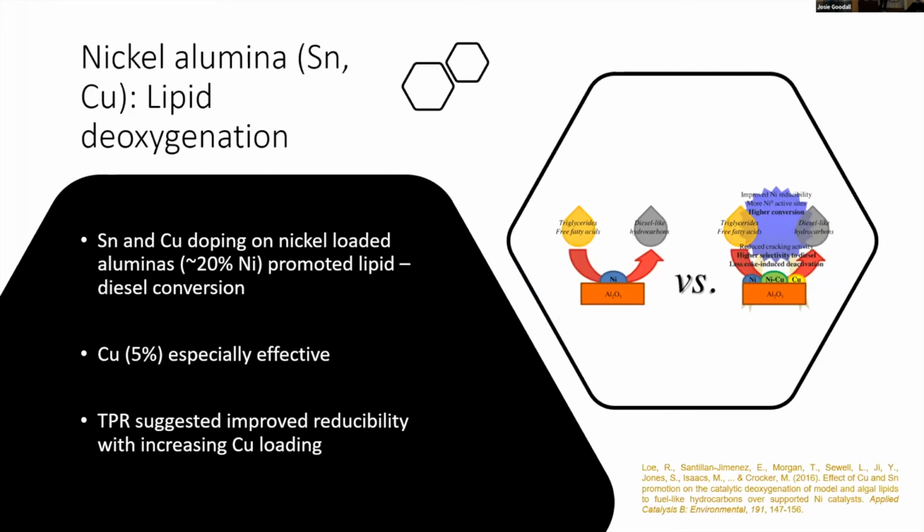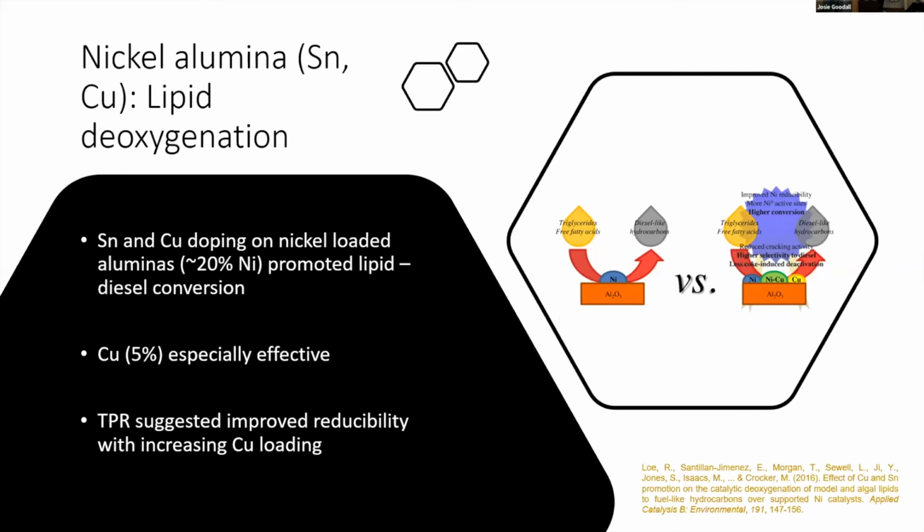So the example I've got for simple heating was some collaborators from the US that had some tin and copper doped nickel loaded aluminas, which they were using for liquid diesel conversion. And the 5% copper was found to be particularly effective. And they had some TPR results which suggested that there was some improved reducibility.